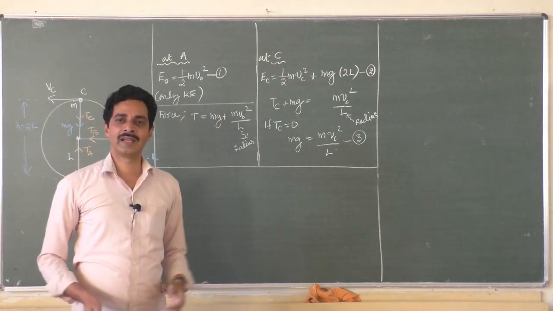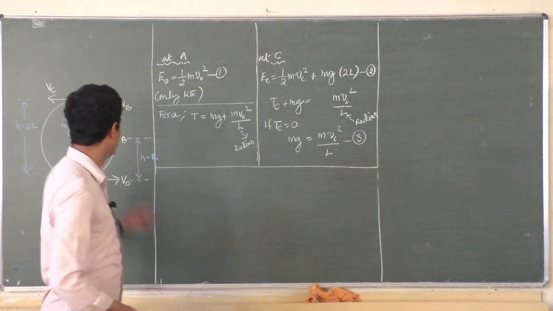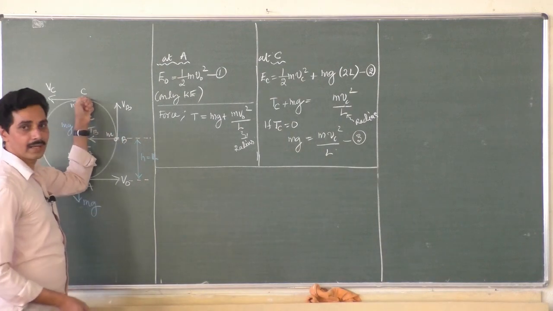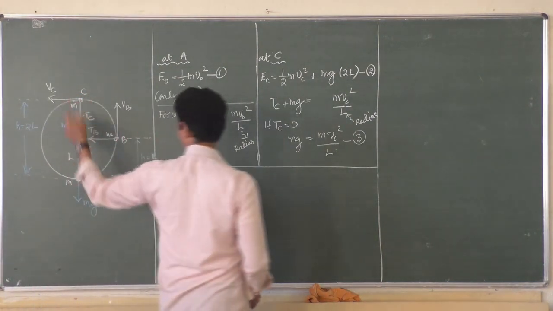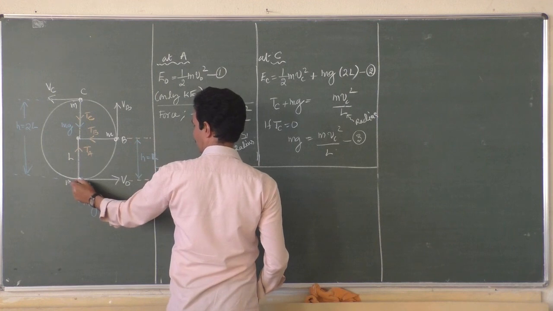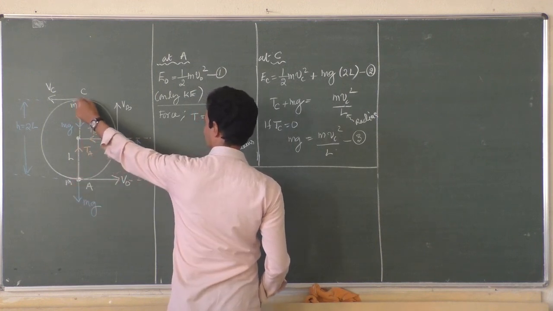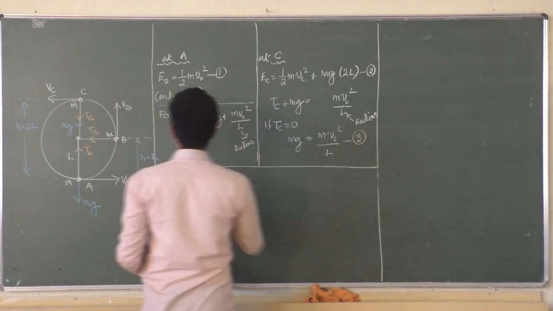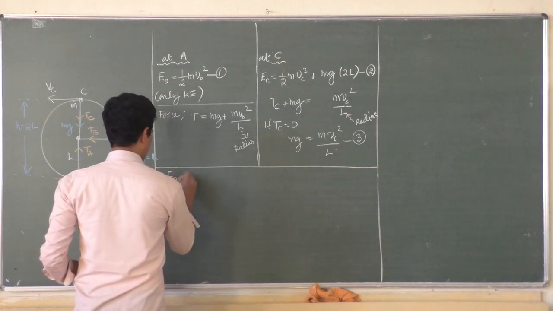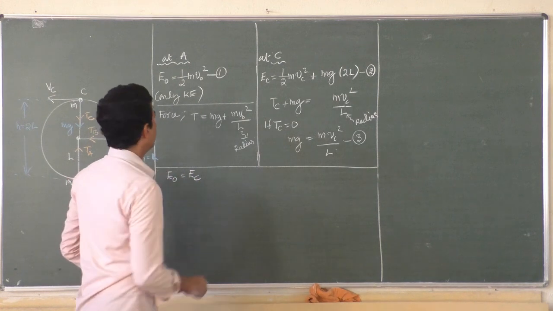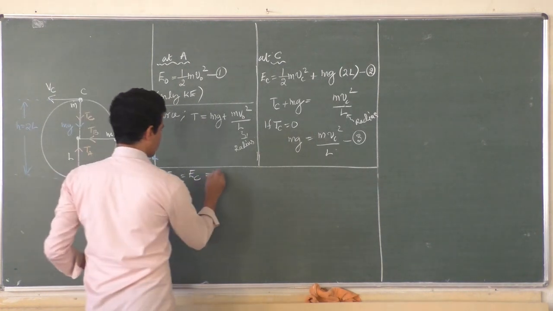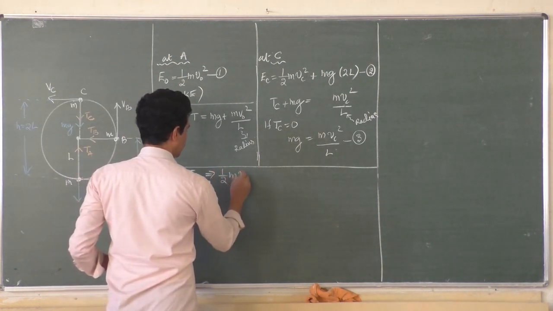You know that the total mechanical energy of this whole system, here, here, here, everywhere, the total mechanical energy must be the same. That is, the total mechanical energy at the 0th position and the mechanical energy at this position C must be the same. So E naught must be equal to EC. Am I right? What is E naught? Half mv naught square, only kinetic energy.